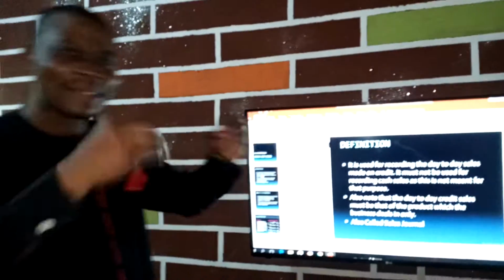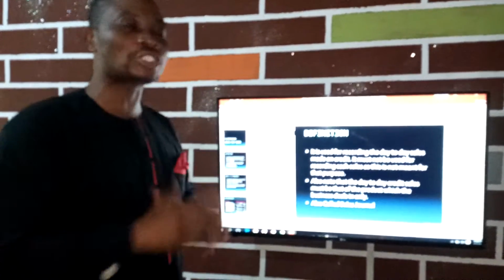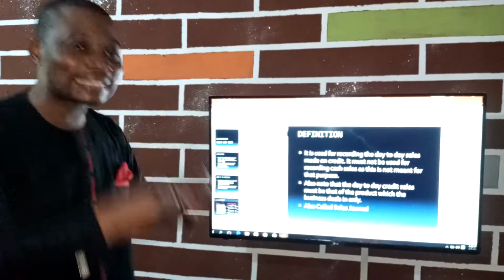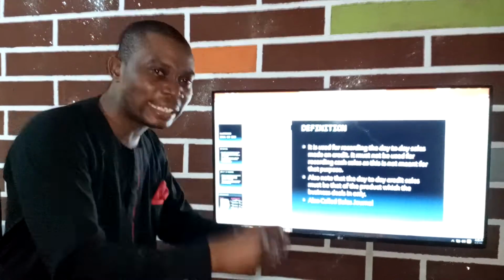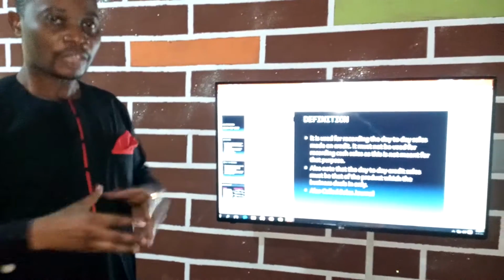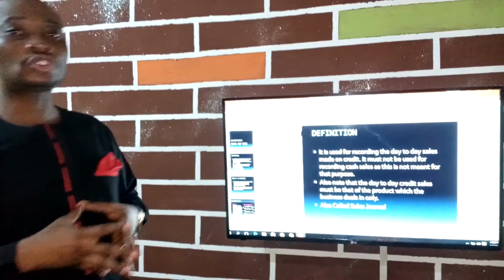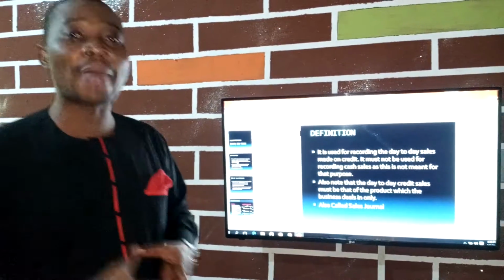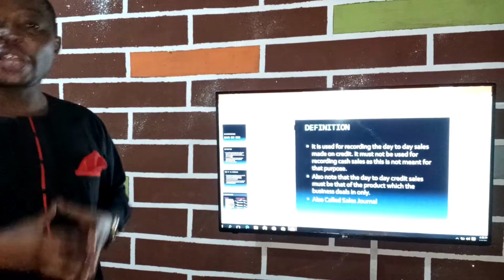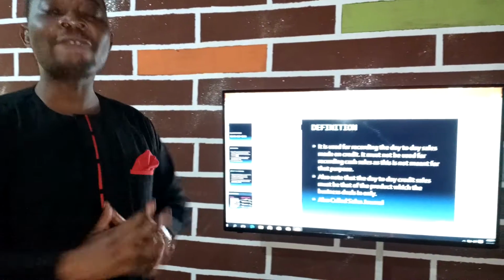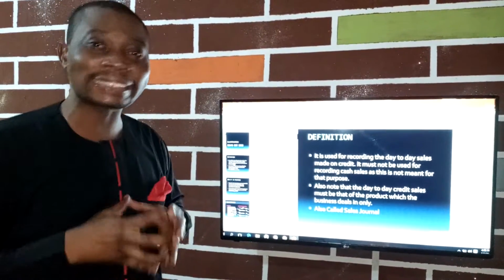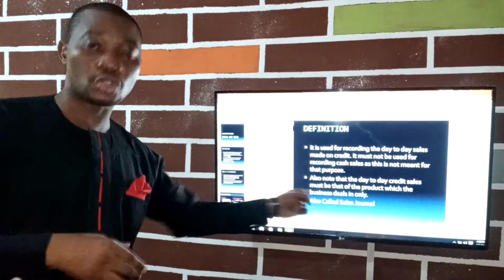Now, the credit sales must be that of the product that the organization deals in. For instance, a business that is into buying and selling of mobile phones will only record mobile phones sold on credit in the sales day book.